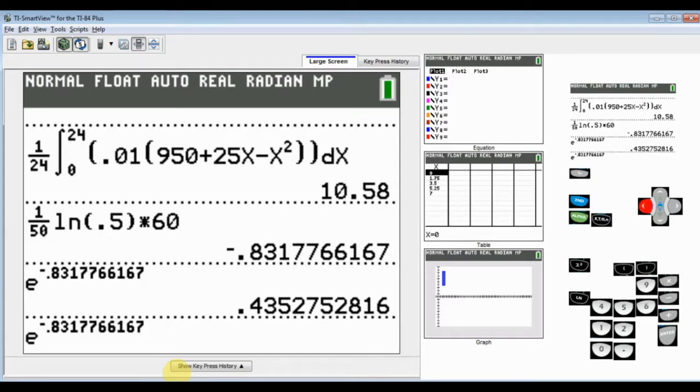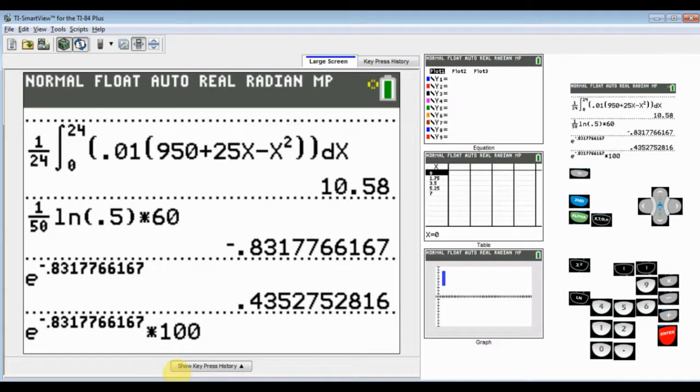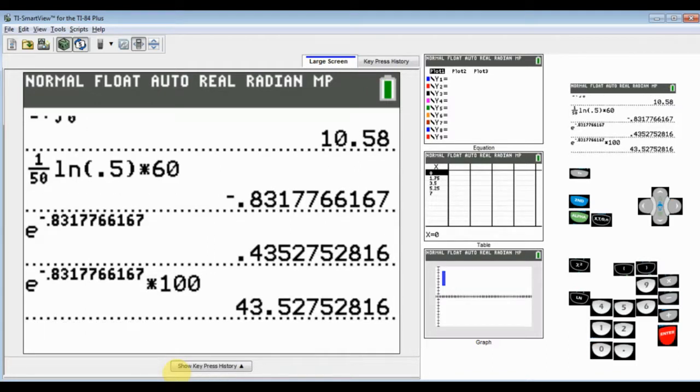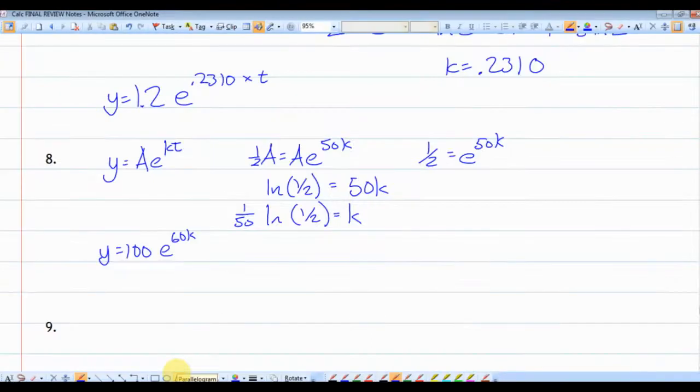Well, why don't you just multiply the answer then? You just multiply 0.43 times 100. 43.527.